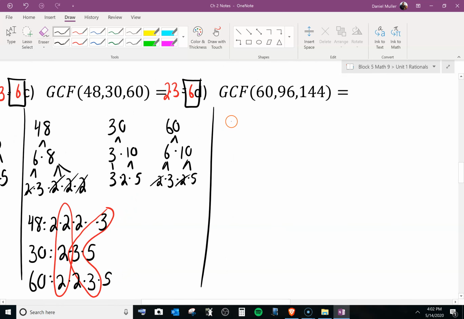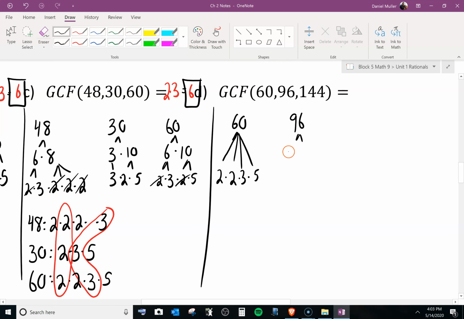Okay, so let's go here. 60. Now, 60, I already did that. You can see it's right here. So I'm actually going to just go right here to the 2, the 2, the 3, and the 5. So I'm not even going to make the tree because I know it's going to eventually lead to 2, 2, 3, 5. So that was easy. 96, however, I do have to do.